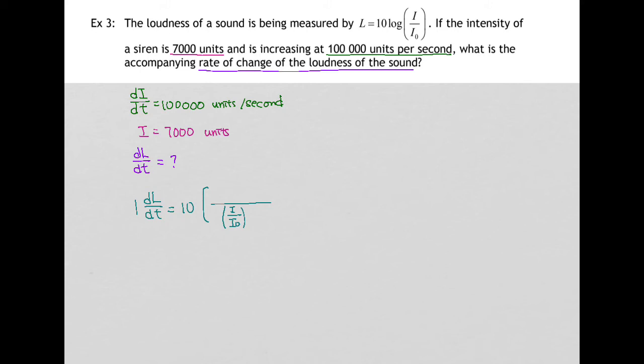Now we need to see that I over I naught really means 1 over I naught times I. So the differentiation of this will be 1 over I naught, that's the coefficient, and the differentiation of I, which is 1, and dI over dt.